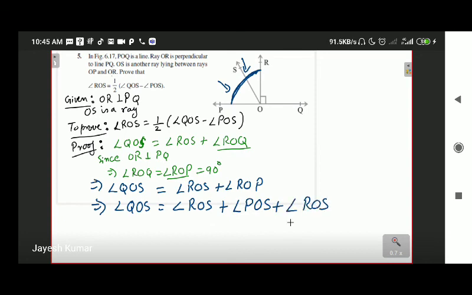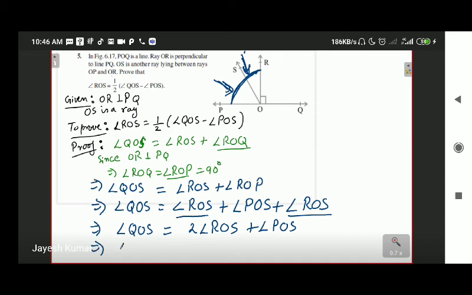Angle POS is this one, angle ROS is this one. There are two ROS, so angle QOS is equal to twice angle ROS, like x plus x is 2x. Now we will shift POS to the other side: angle QOS minus angle POS equals twice ROS.